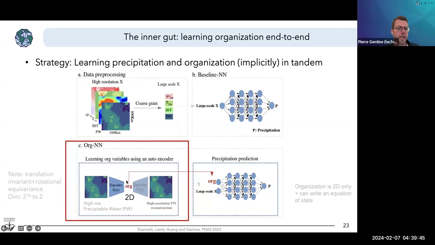So basically, this is a two-dimensional vector here, as opposed to 32 by 32. We just want to encode this kind of clustering information, and we are training all of that together. We are trying to reproduce the high resolution field, and at the same time, we are trying to do a good job at regressing and predicting precipitation. So we do that in tandem. That's what we call end-to-end training.